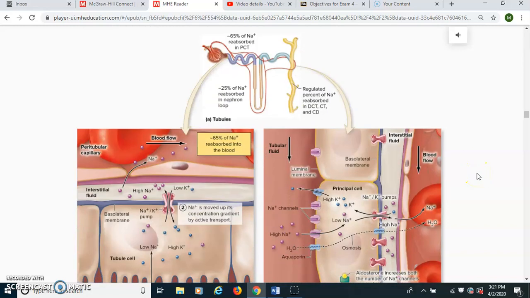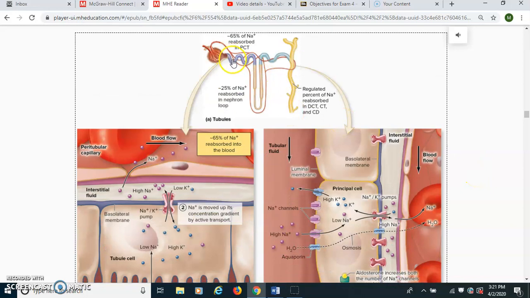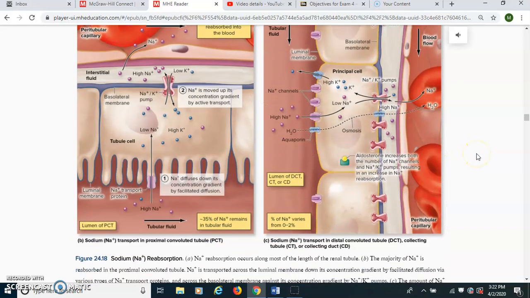For sodium reabsorption in the proximal tubule, remember sodium is one of those substances of the plasma, so all of it is going to leave the blood during glomerular filtration and end up as tubular fluid. In that proximal convoluted tubule, more than 50% of the sodium is going to be reabsorbed. And this is how it is done.